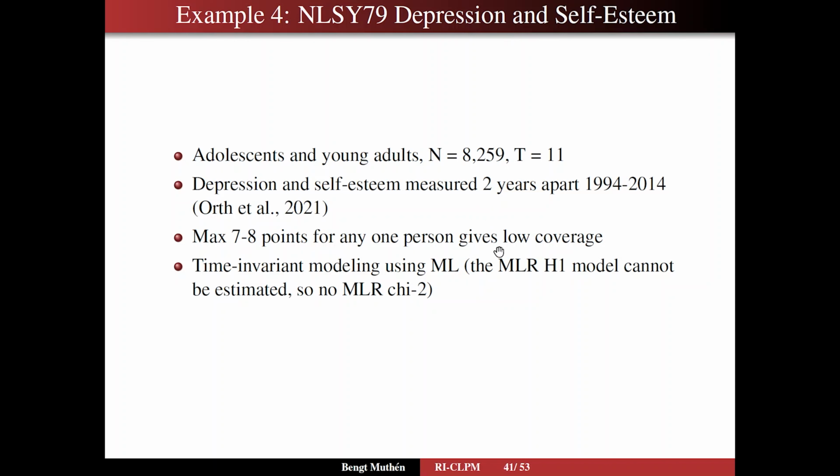And this example has quite low coverage and time invariant modeling using ML. The MLR H1 model cannot be estimated, so no MLR chi-square, and that's because of the low coverage. It may be that a multiple cohort analysis was needed for these data.